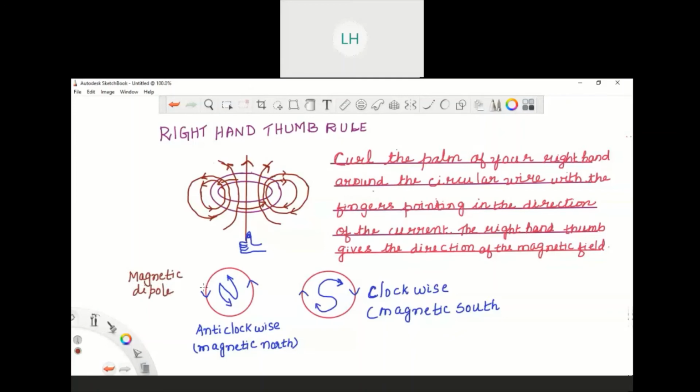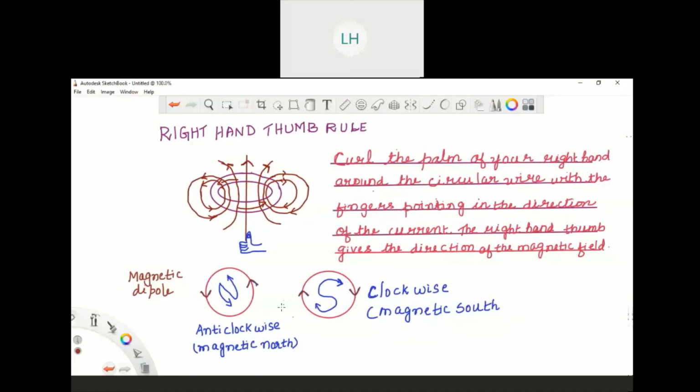The face of the coil in which current appears to flow anti-clockwise acts as the magnetic north pole, and the face of the coil in which current appears to flow clockwise acts as the magnetic south pole.